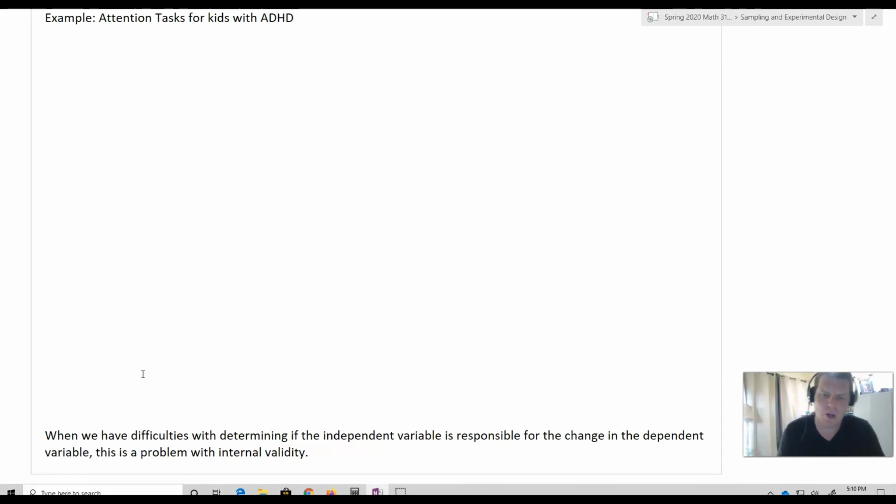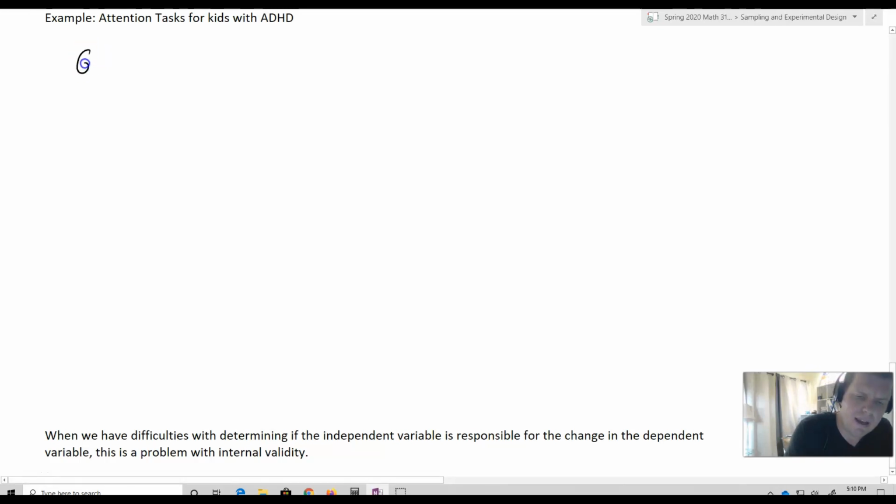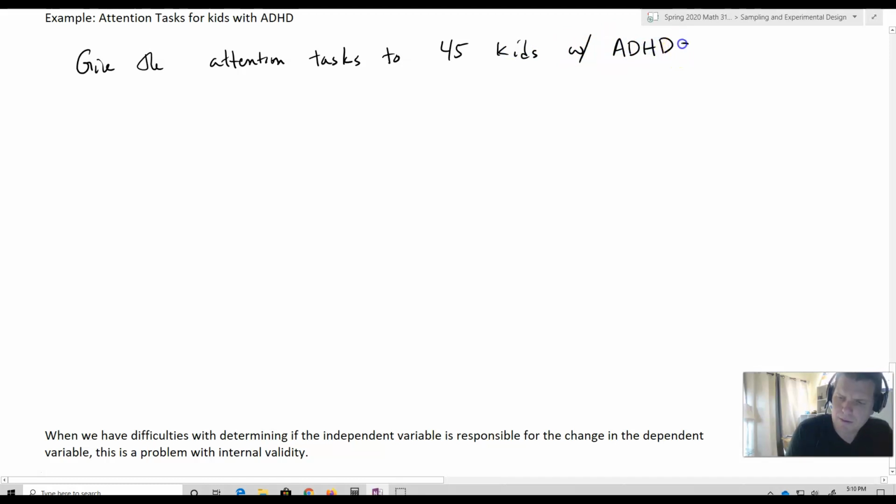You give the attention task, the one that's meant to improve attention, to 45 kids with ADHD. And then at the end of 6 months, you notice an improvement in attention.